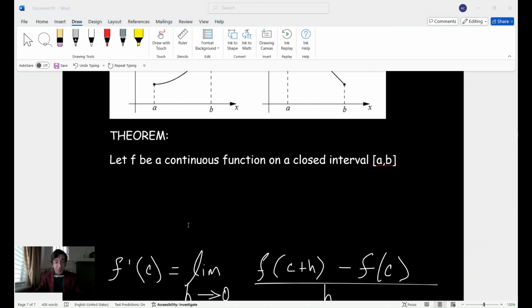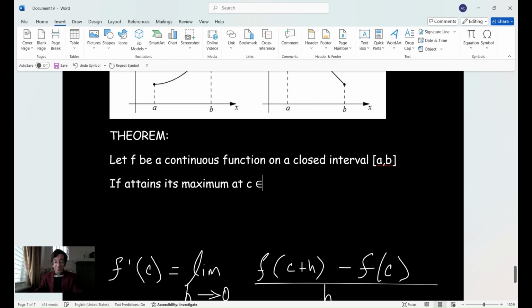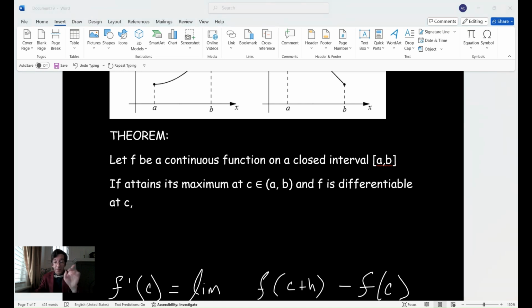And the first thing is, if the function attains its maximum at C, an element of A and B, and very important, f has to be differentiable at C, then what this means is that f prime of C equals 0.